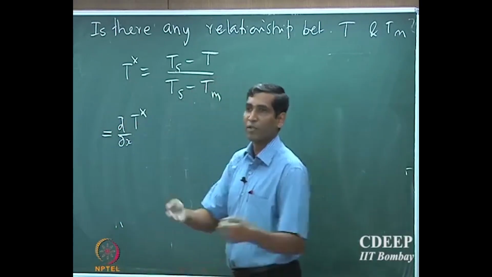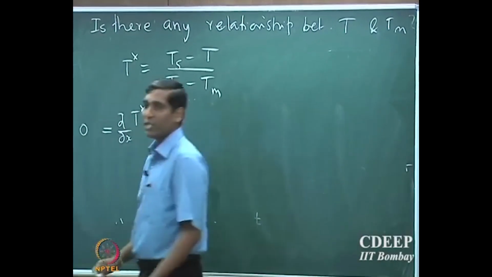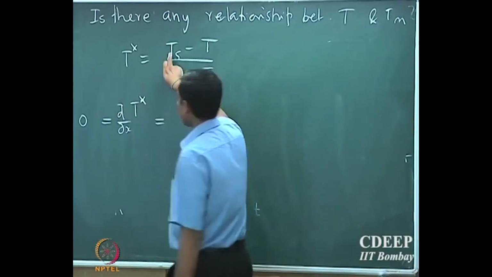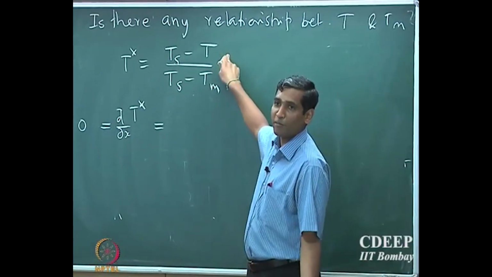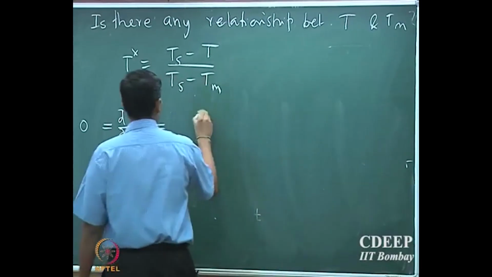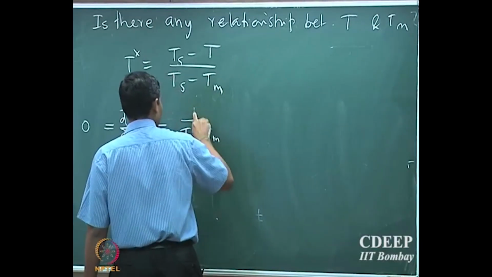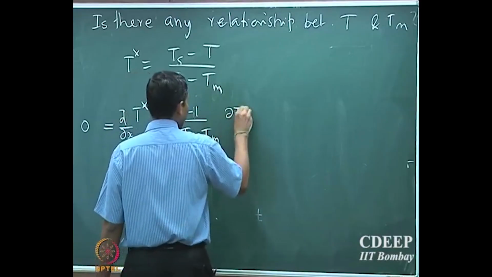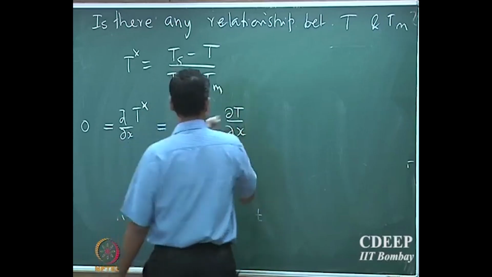T star is not a function of the axial position in the fully developed regime, and so that should be equal to 0. Okay. So Ts is a function of position, Tm is a function of position, and T is a function of position, right? So we can now write this as 1 by (Ts minus Tm) minus 1 into dT/dx, okay.